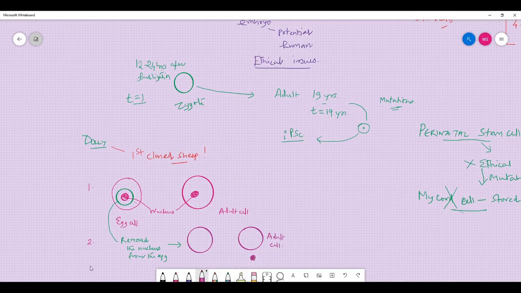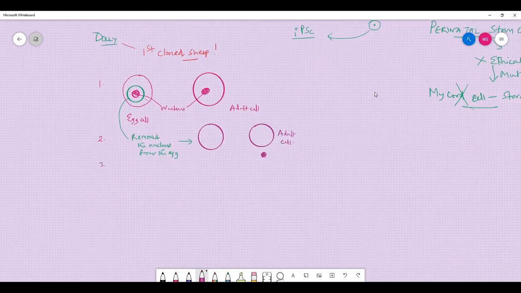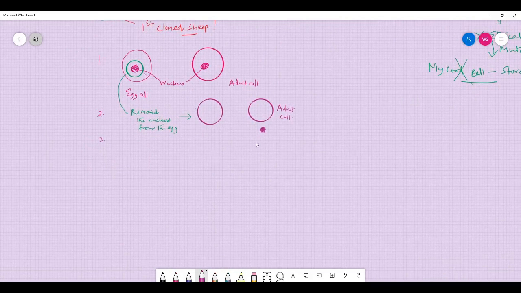Then they did the third thing. What is the third thing that they did? They took the nucleus of the adult cell and inserted it here into the empty egg cell.